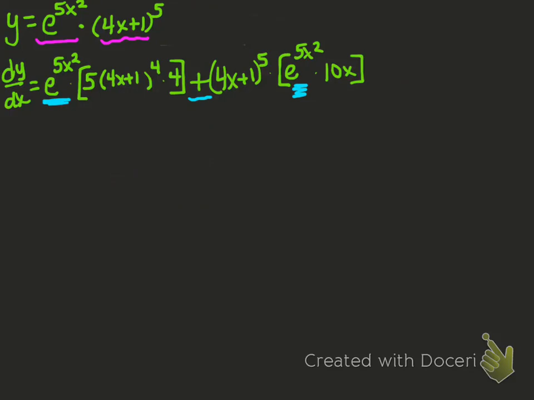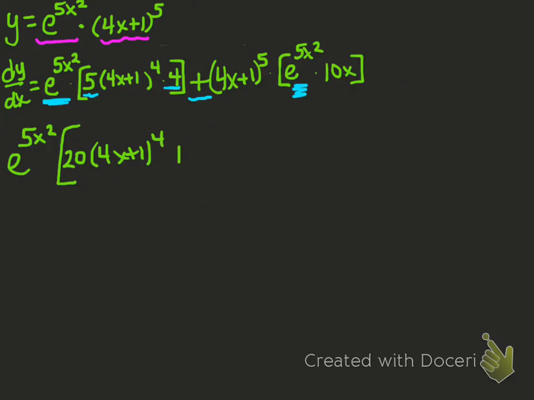So it's likely that that's going to get factored out to the front, e to the 5x squared. And then in this first term, I have a 5 and a 4 that I can multiply together, but that's really about all I can do to simplify there. 20 times 4x plus 1 to the 4th.